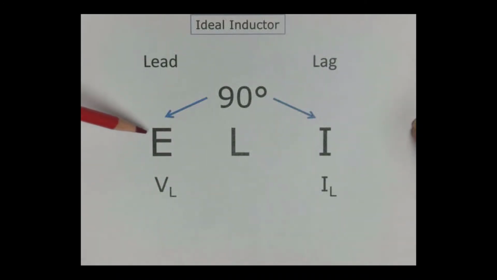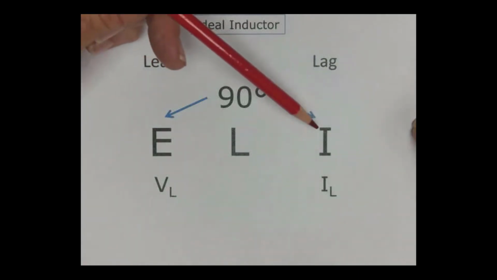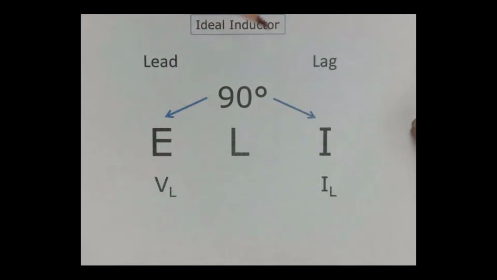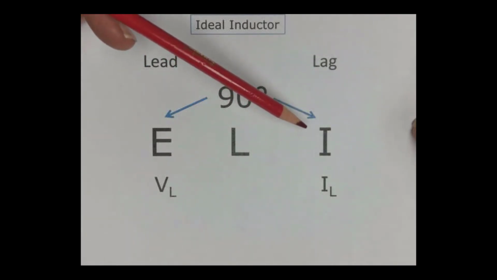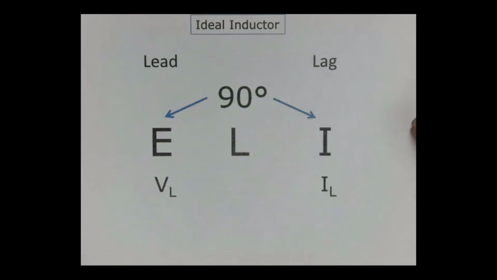First, the voltage on the inductor will lead the current through the inductor by 90 degrees, or it could be stated that the current through the inductor will lag the voltage on the inductor by 90 degrees. Second, the voltage on the inductor can change instantaneously, while the current through the inductor cannot. An inductor opposes a change in the current flowing through it.